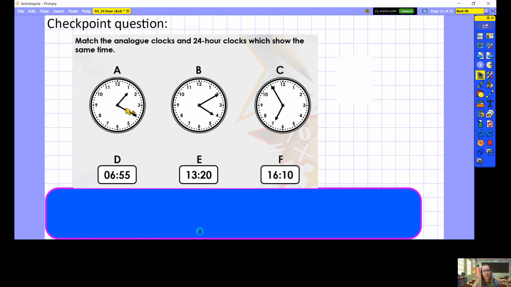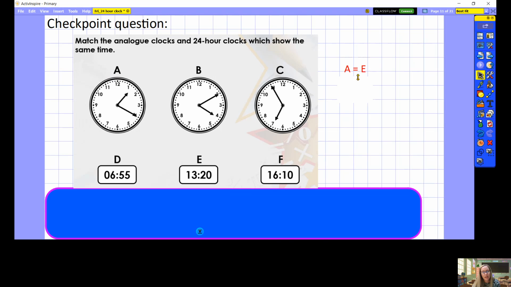Okay, so A shows 1:20. So the time on the digital clocks would be 13:20 because the hour 1 add 12 is 13. So the first one, A, equals E. So 1:20 is the same as 13:20. The next clock, B, shows it's 10 minutes past 4.